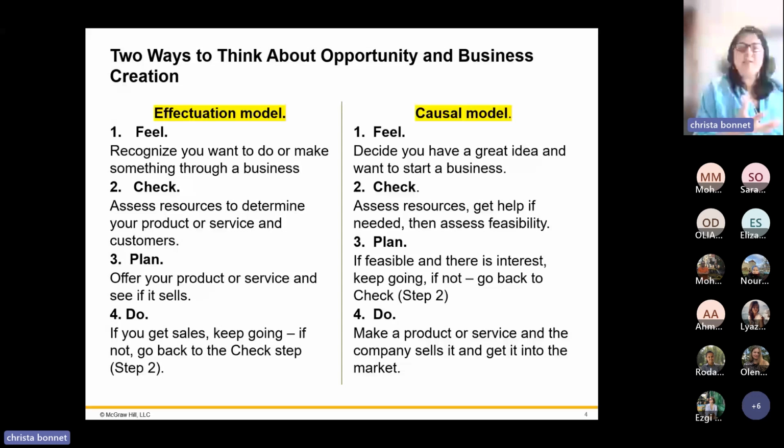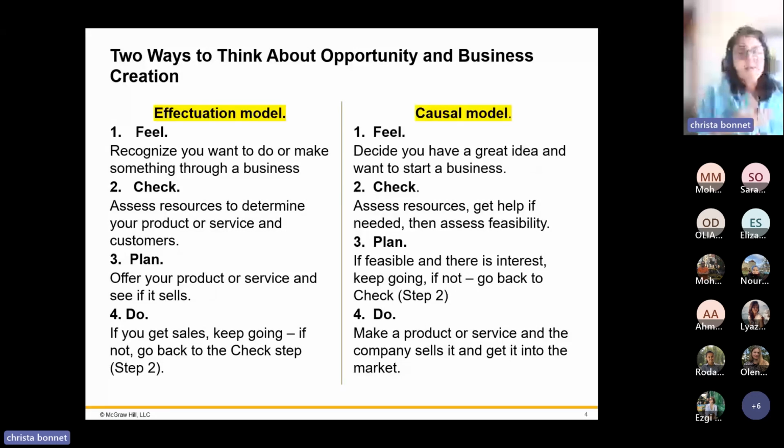It's just that this is the theoretical one from CATS, so that you understand the differentiator between the effectuation model and the causal model. If you go to their step 2, the check, on the left they say first they assess, do they have the resources to deliver their product and services to their customers, versus on the other hand, on the causal model, check is they assess their resources, then they get help if needed.